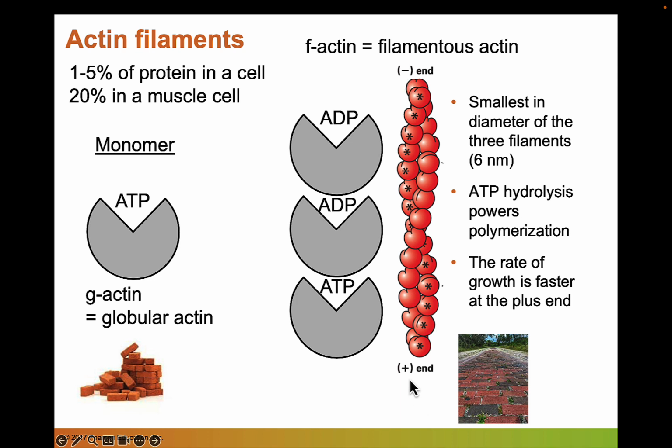And the plus end doesn't refer to charge. What it refers to is that the strand is more likely to grow or will grow more quickly at this end, the plus end, than it will at the minus end. Okay, so the rate of growth is faster at this end, but ultimately we go from bricks to a road.